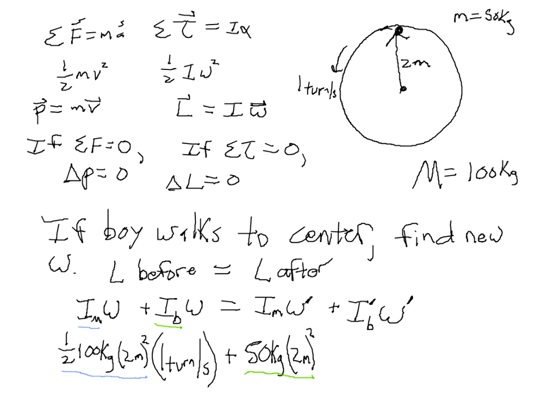He's on the merry-go-round, so he also is turning at 1 turn per second. That must be equal to the moment of inertia of the merry-go-round after the boy moves. Well, the merry-go-round itself didn't change any, so its moment of inertia is still 1/2 times 100 kilograms times 2 meters squared, the same quantity that it was over on the left side of the equation.